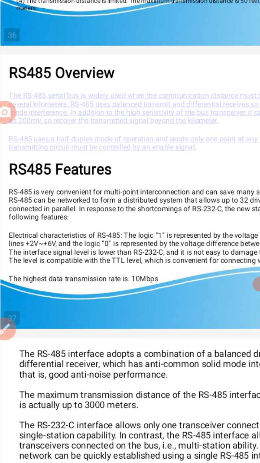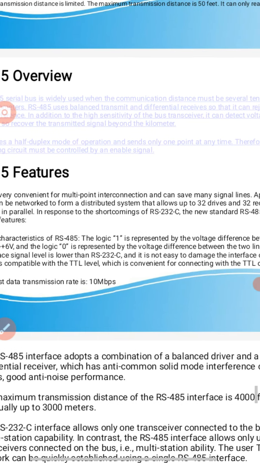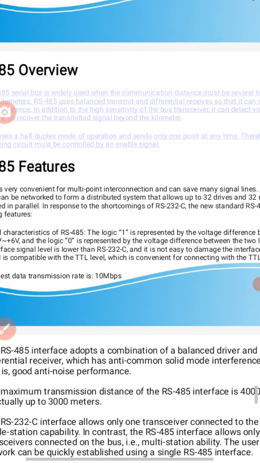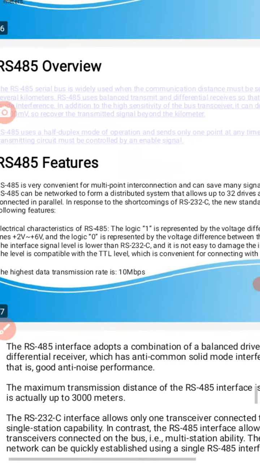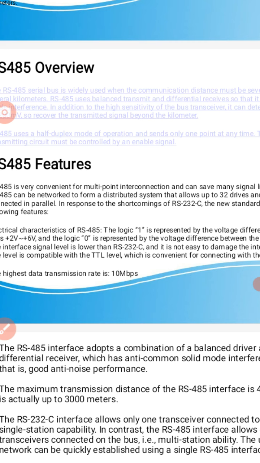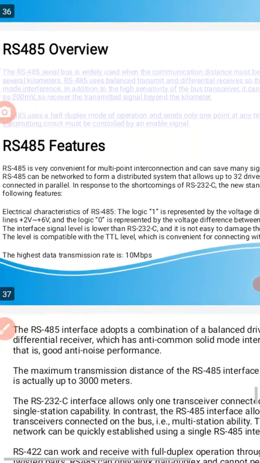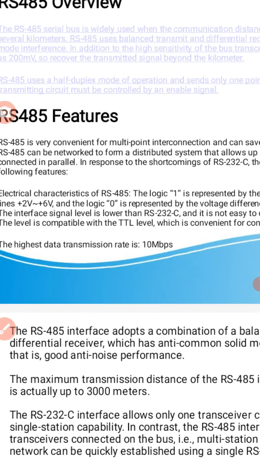RS485 can be networked to form a distributed system that allows up to 32 drivers and 32 receivers connected in parallel. In response to the shortcomings of RS232C, the new standard RS485 has different features.